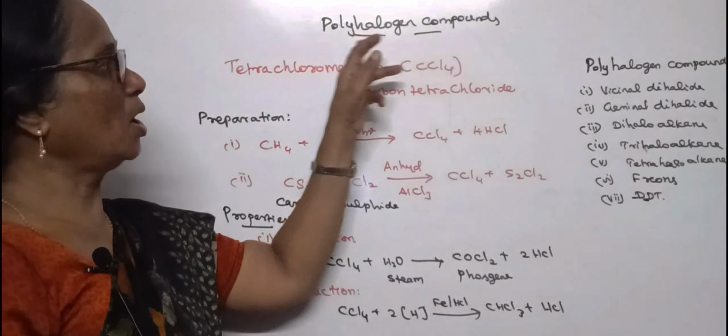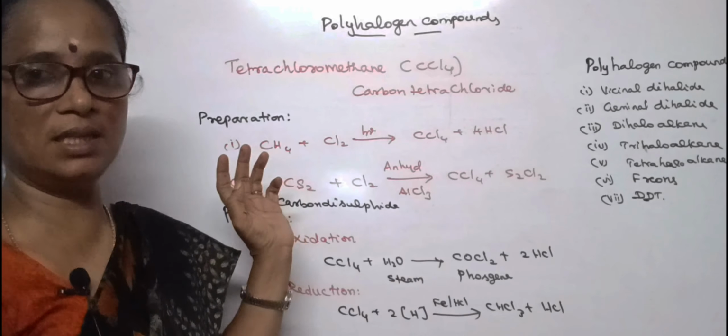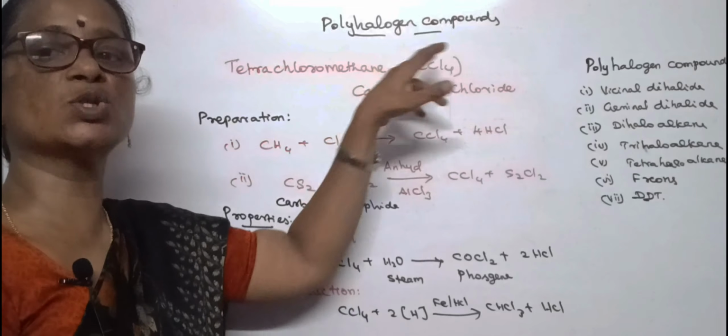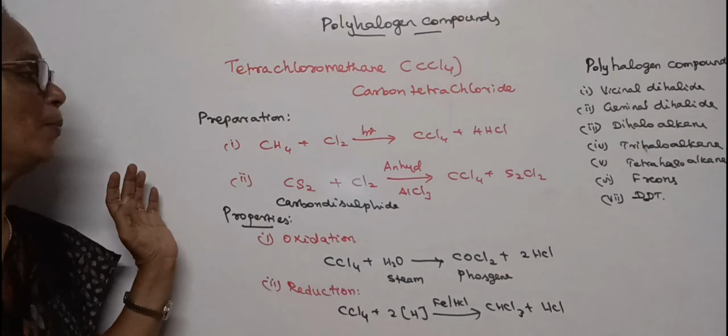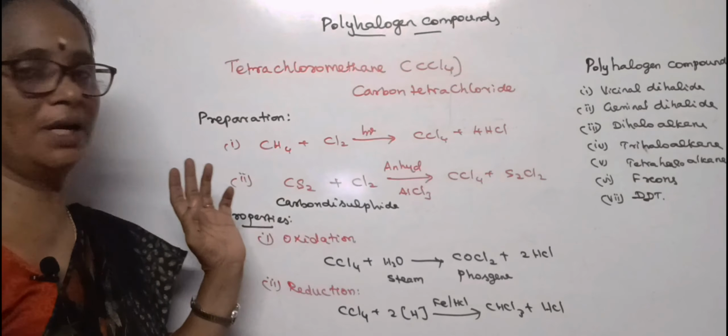The other polyhalogen compound is tetrachloromethane, whose formula is CCl4. It is also known as carbon tetrachloride, a very good solvent. This can be prepared either by chlorination of methane or from carbon disulfide.